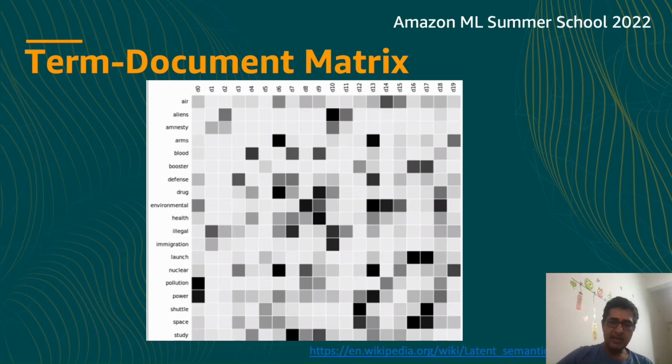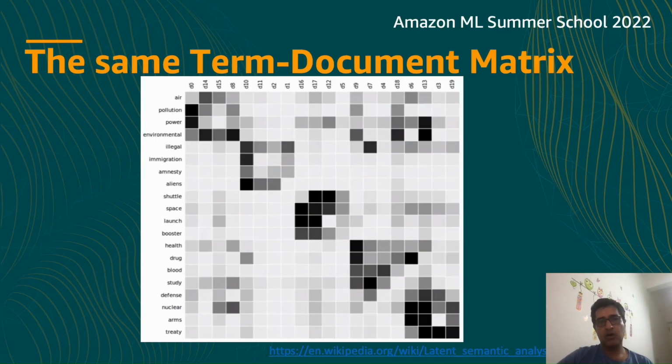So essentially an SVD operation on this term document matrix leads you to this. What you have done is rearranged the documents and rearranged the words. But in doing that, what you have realized is that there are certain documents which are talking about only these words, so most of their weights are on these ones, whereas there are other documents which are talking about another topic, and so on and so forth.